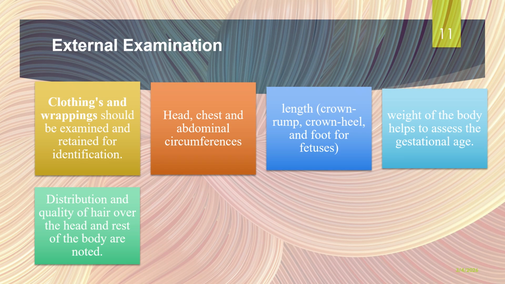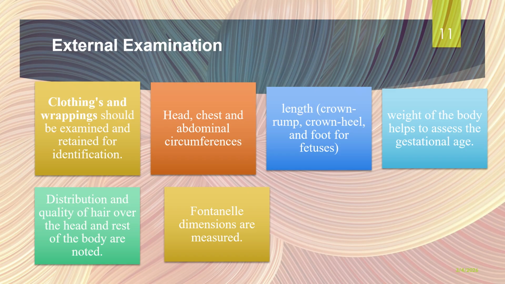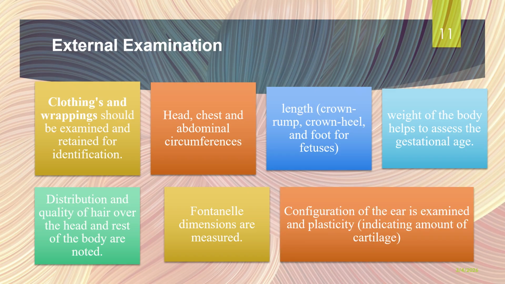Then distribution and quality of hair over the head and rest of the body are noted. Then fontanelle dimensions are measured. And then configuration of the ear is examined, and plasticity, indicating the amount of cartilage.